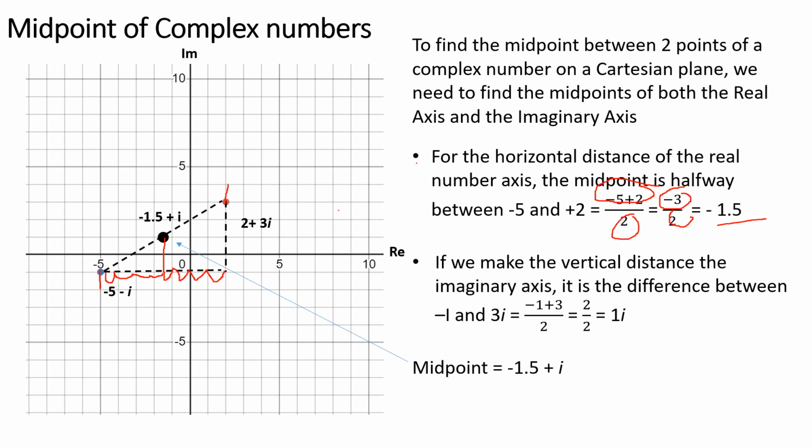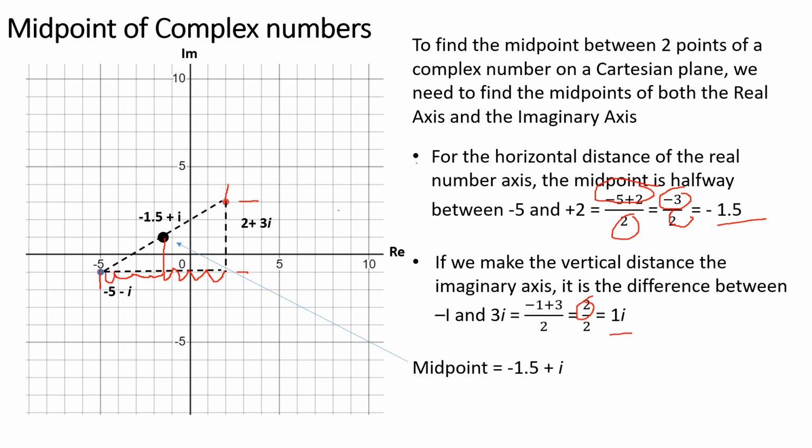So I'm going to find a distance. It goes from -I to 3I, and that is a distance of 4. But I've got to find the halfway mark. So -I plus 3I is 2, and divide in half, 2 by 2 is 1I.